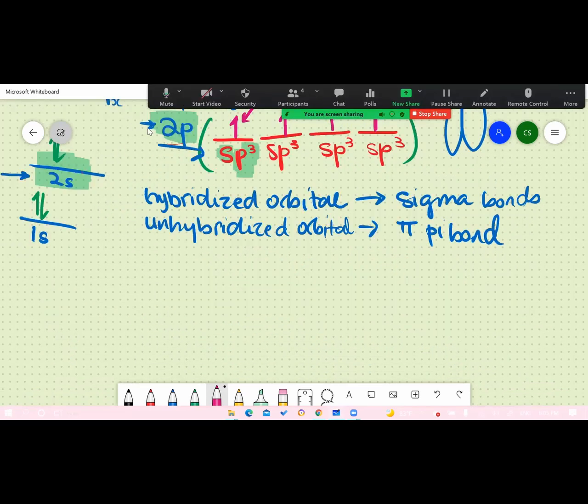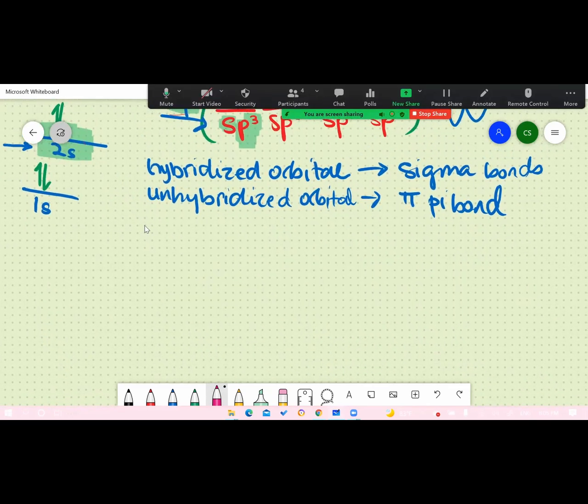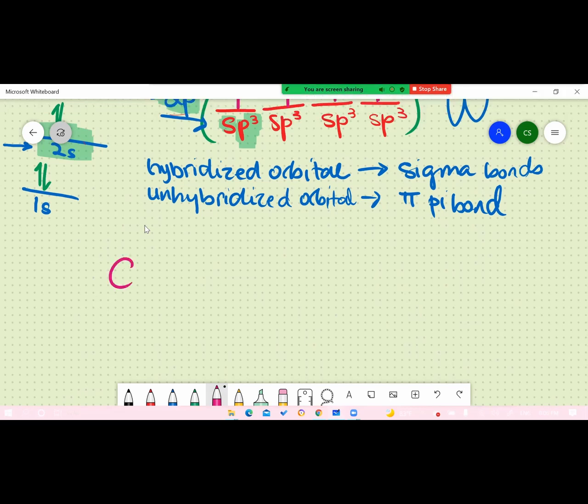Now, what I was saying about the hybridized orbitals forming sigma bonds. Seeing that we have four sp3 orbitals, let's say we have carbon here. You will see bonds being represented by single lines, right? These single lines are sigma bonds. Why?